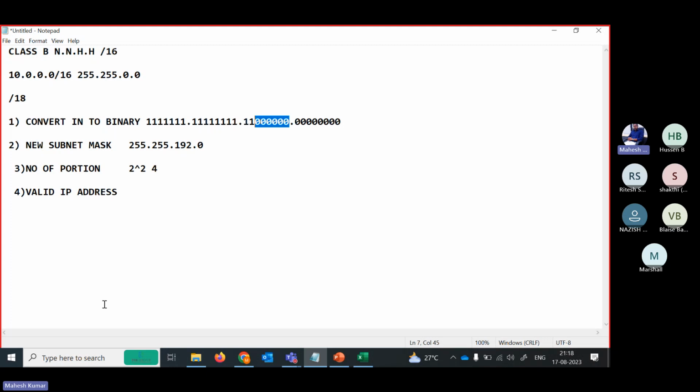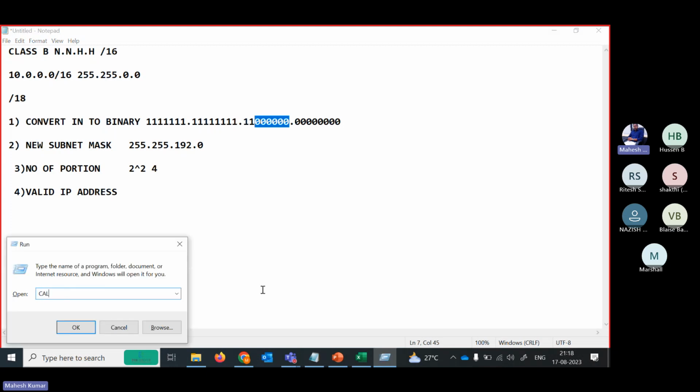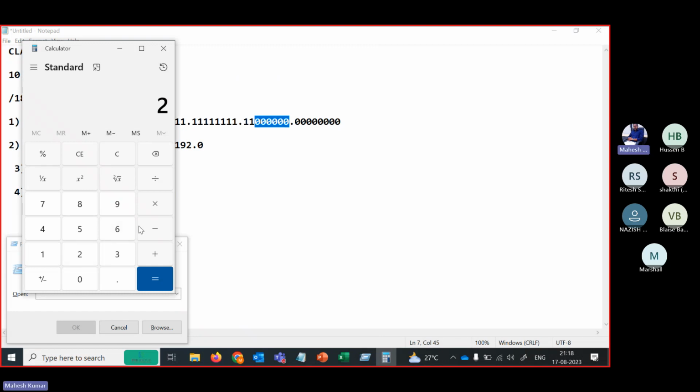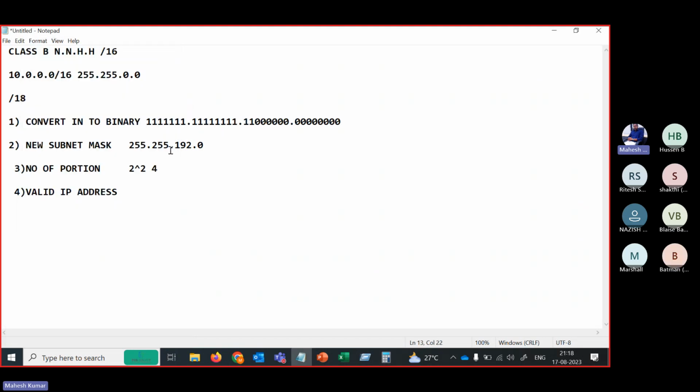So if we go with 2 to the power 14, let me open the calculator. 2 to the power 14 is 16,384, right?